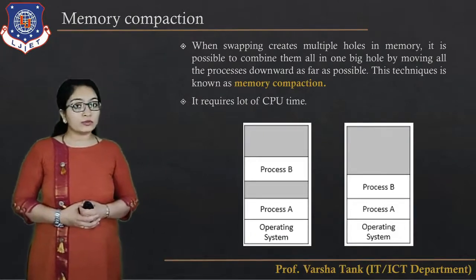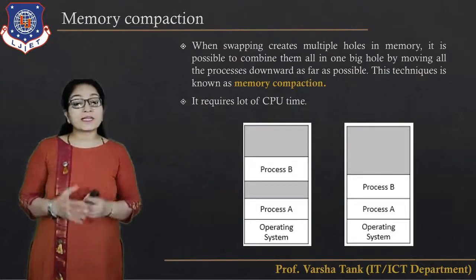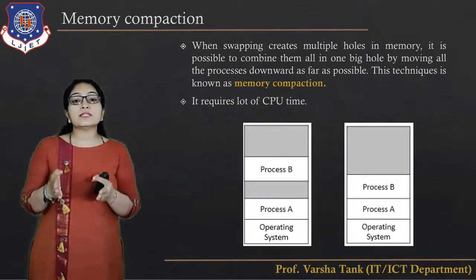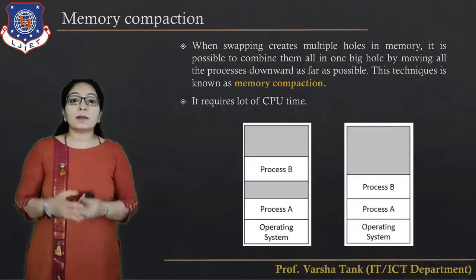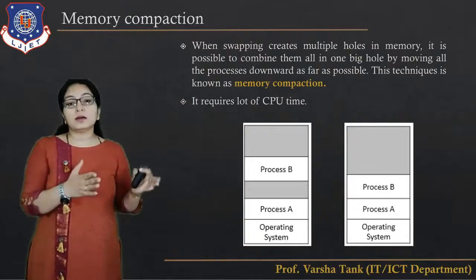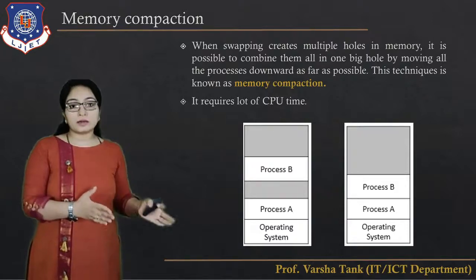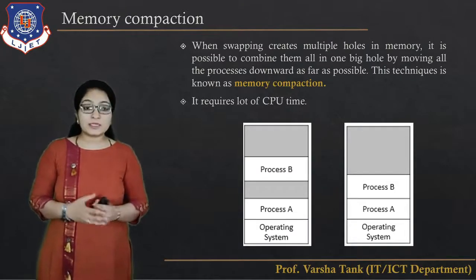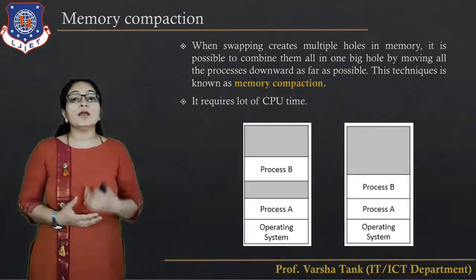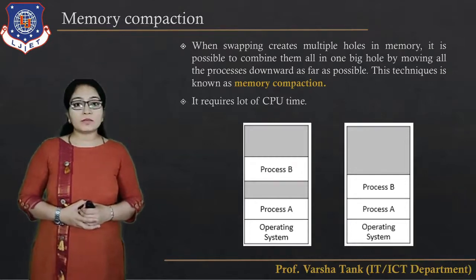We have to combine all the scattered free memory on one side, and the processes that are still working in memory on the other side. That means we will be able to find the area of memory currently used by the processes and the area of free memory, so that we can allocate a newly arrived process to that particular area. But what is the disadvantage of this technique?